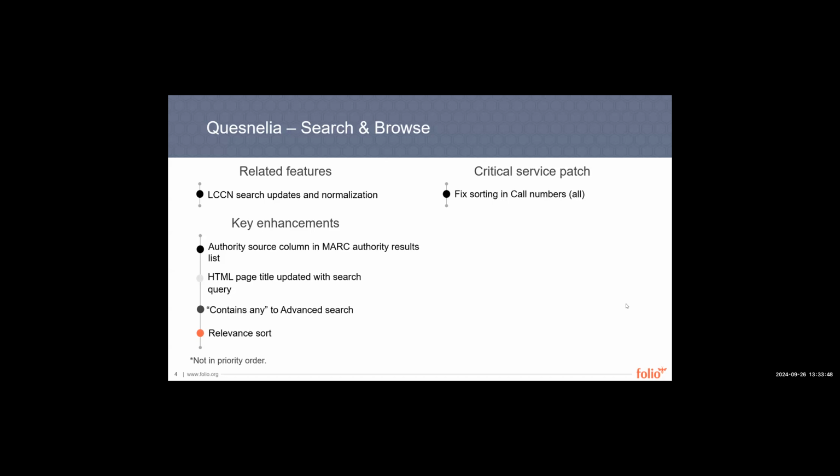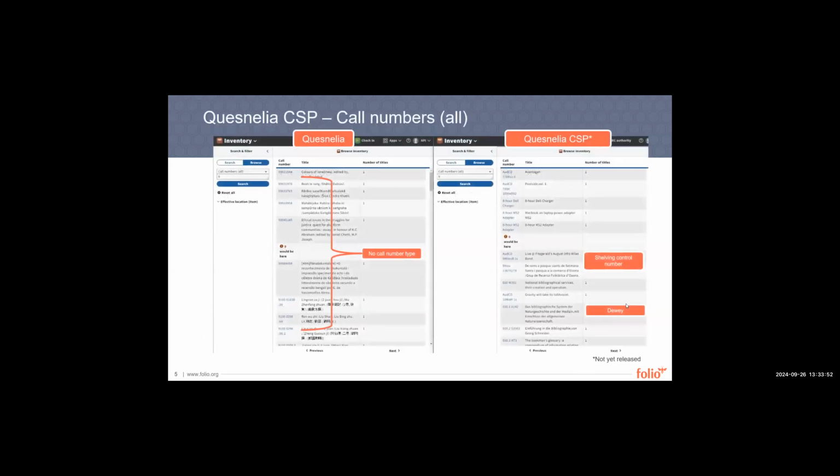So now we're going to go through what some of these features look like. Starting with the Casenalia CSP. What we're looking at are two screenshots side by side of Casenalia Bugfest versus the Casenalia CSP test environment. In these screenshots, we're browsing for the same query, here the number 9, and we can see it's interfiled differently.